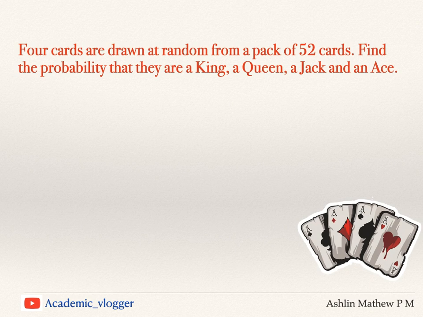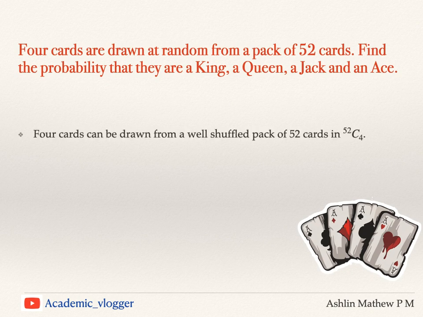Now, we are required to find the probability that if 4 cards are drawn at random from the pack of 52 cards, those 4 cards are a king, a queen, a jack and an ace. So 4 cards are drawn from a well shuffled pack of 52 cards.